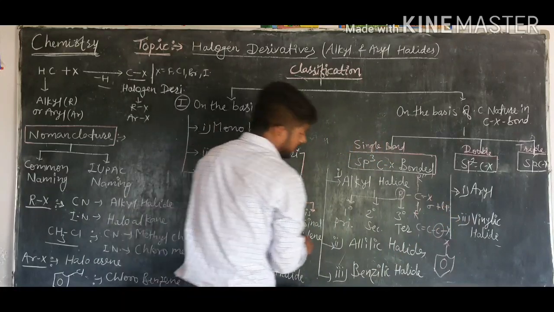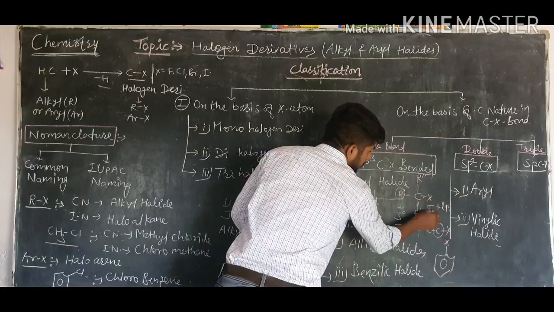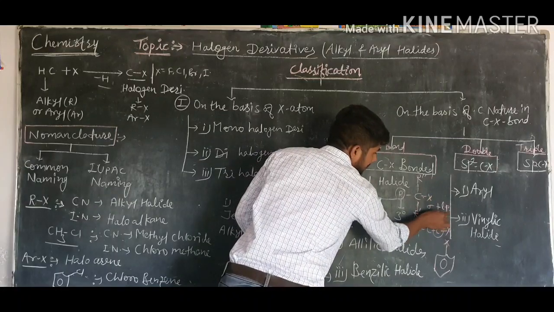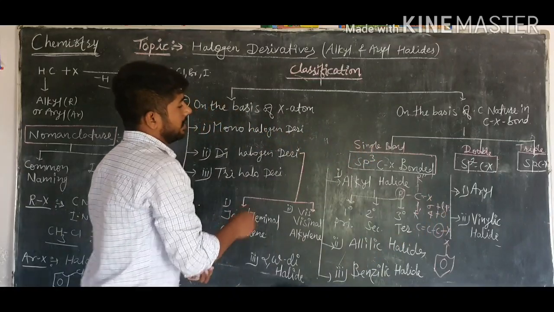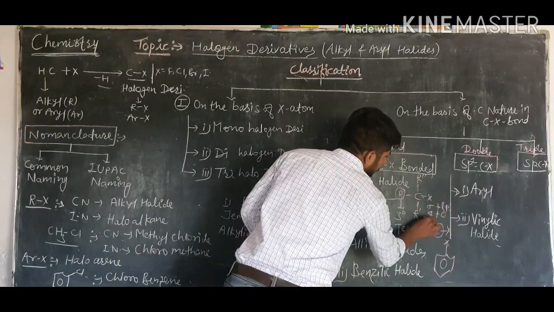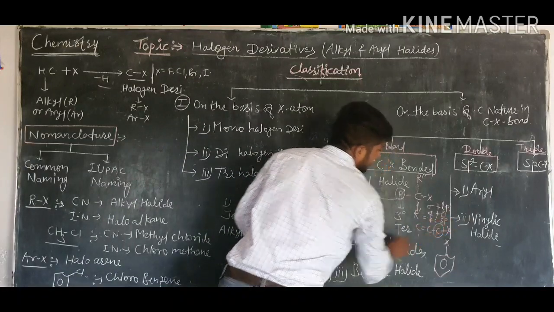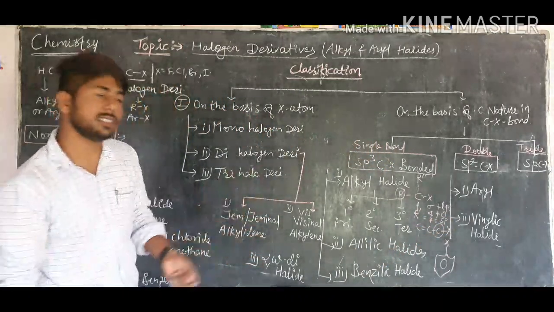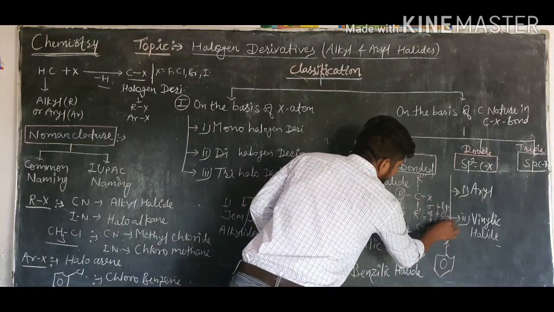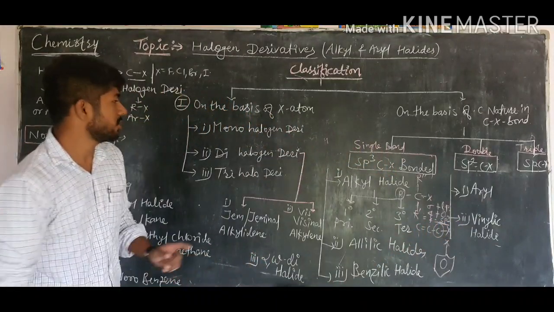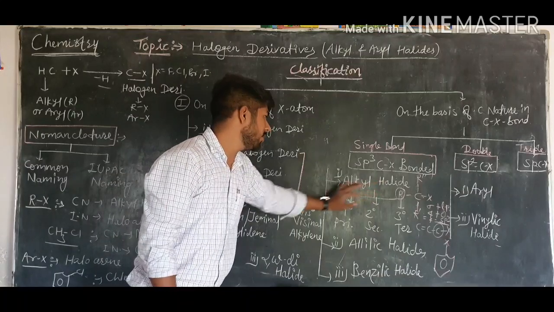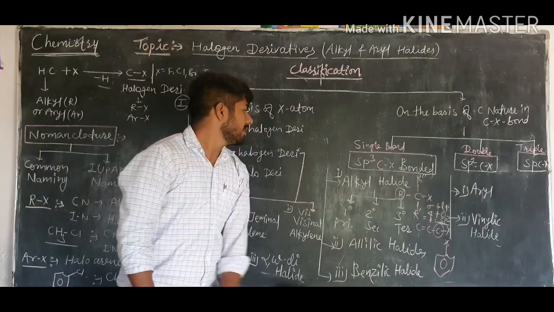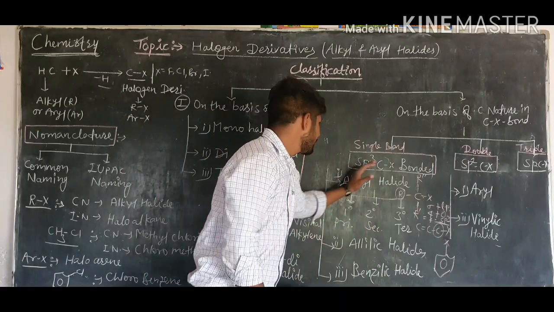Here sigma bonds are 4, so 4 plus lone pair 0 comes to 4, meaning one s orbital and 3 p orbitals, so hybridization will be sp3. So the alkyl halide carbon is single bonded and has sp3 hybridization.